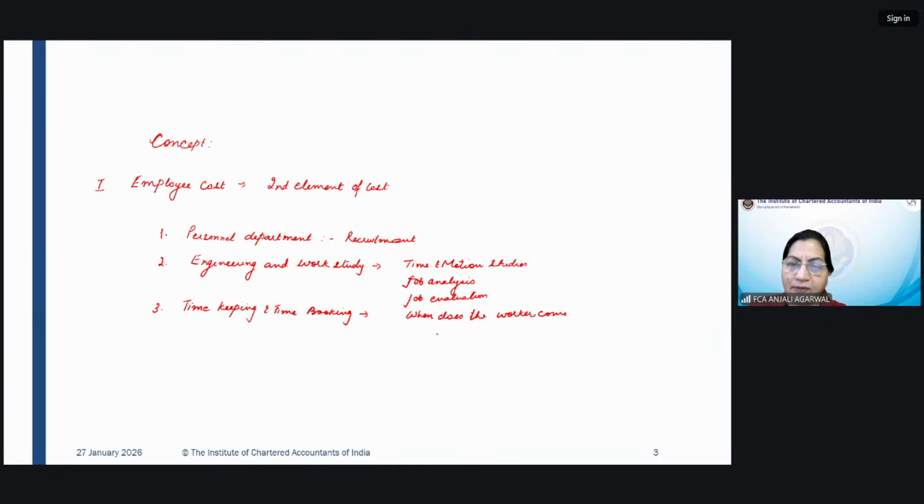That's timekeeping. So we are keeping a record of how much time he spends, and time booking is, within that time, what does he do? On what jobs does he work?